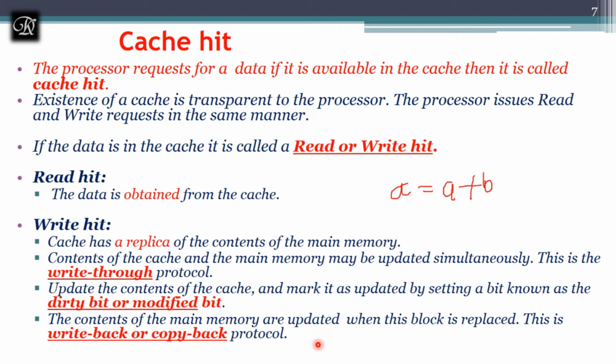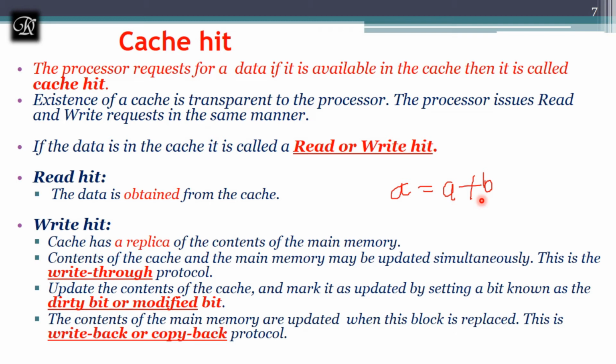Until then I will not update it, because I may update that value 100 times, and I do not want to update 100 times in the main memory. So when I am going to remove that block from the cache, how will I remember whether the original value of a is modified or not? You can notice b I am not modifying. B is a constant which was used just for addition, and it resides as it is.